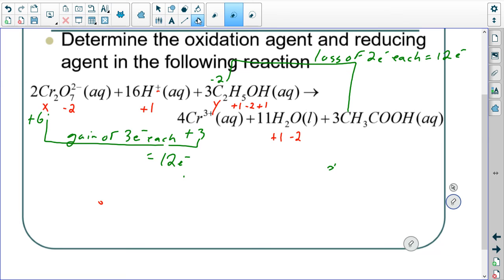So the chromium in the dichromate gained electrons. What is he? The oxidizing agent or the reducing agent? Did he cause the other guy to gain electrons, or did he cause the other guy to lose electrons?